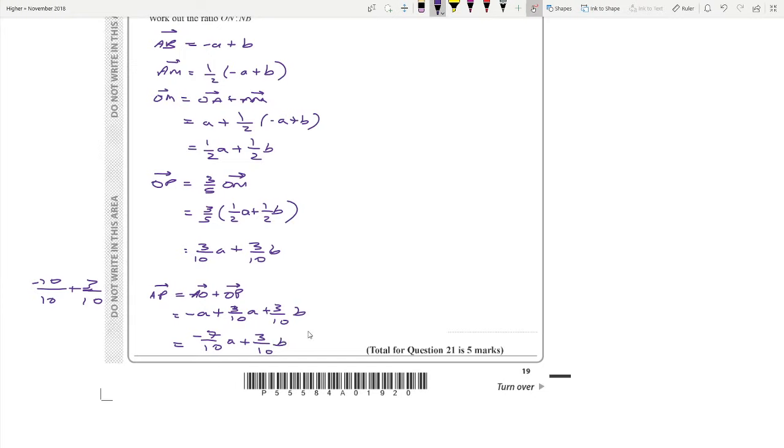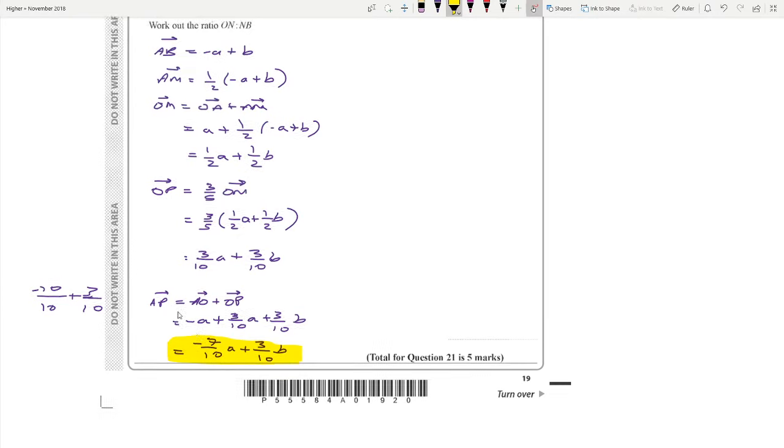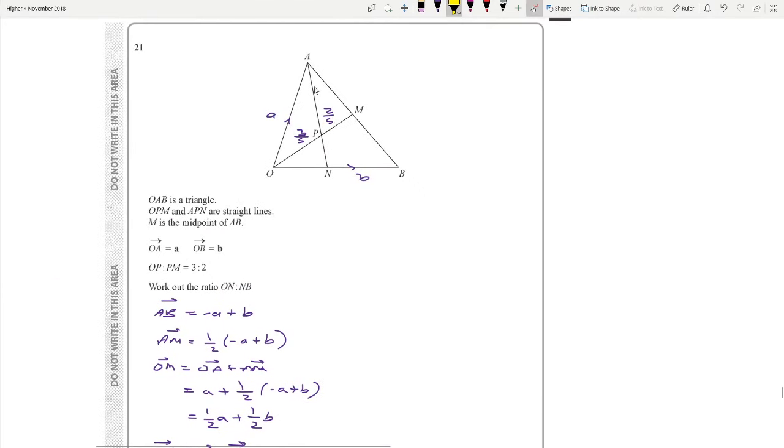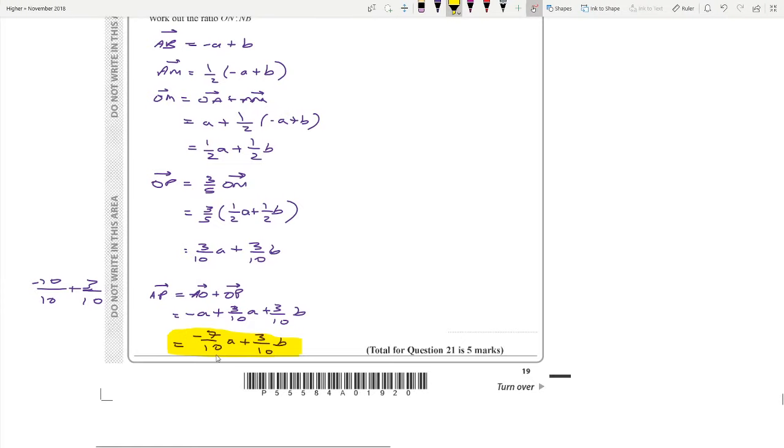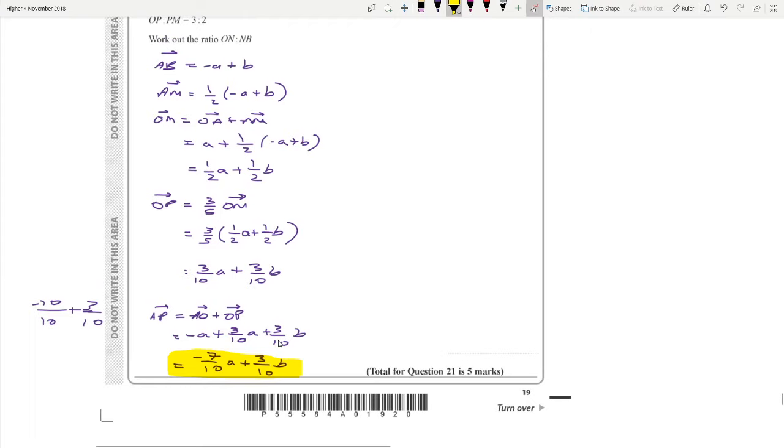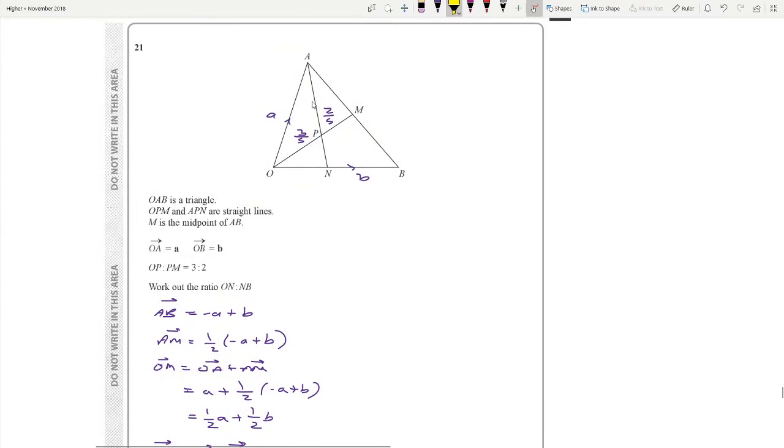Okay, well, now that we know what AP is, this is going to be important, so I'm going to highlight this one for now. So we know that AP, we've worked out the vector here, is minus 7/10 A add 3/10 B. Now AN, this is an important one.